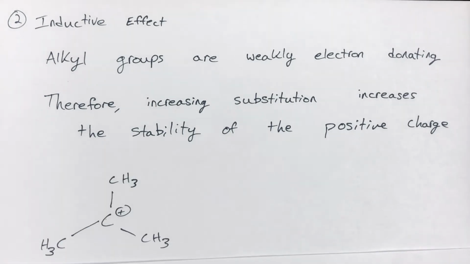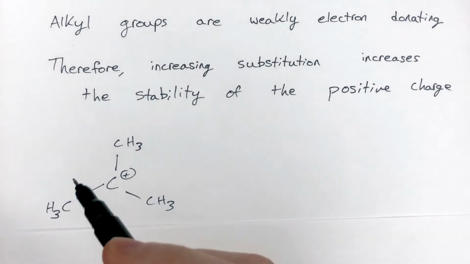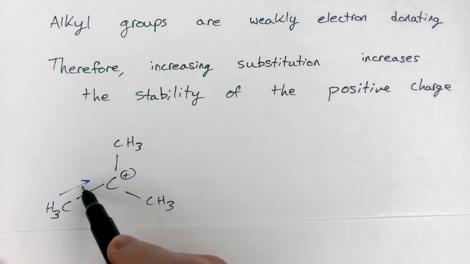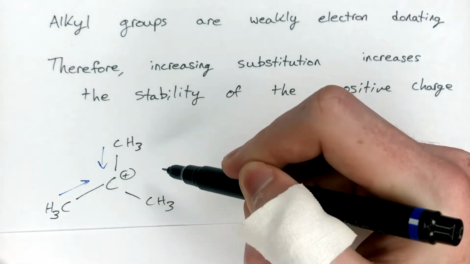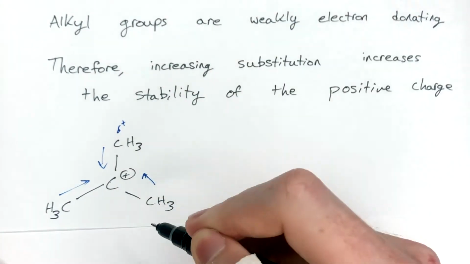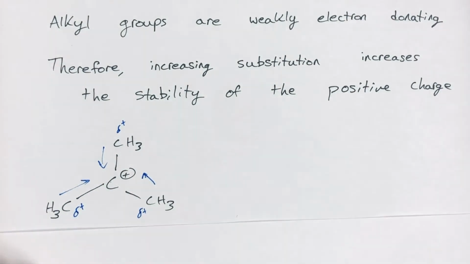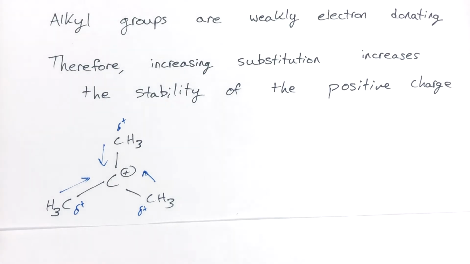The inductive effect is similar in that the methyl groups here are weakly electron donating, so there is some amount of electron density going towards the positive charge, which ultimately results in some partial positive charge felt on all three of the alkyl chains. What this does is alleviate some of that positive charge that is localized on the carbon. So the more substitution you have and the more you can donate towards that carbon, the more stable that carbocation is.